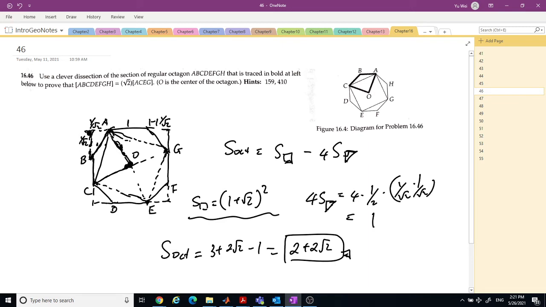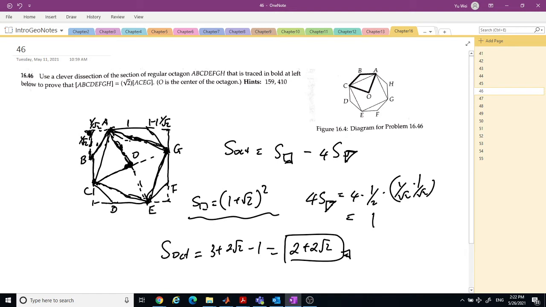We want to calculate the ACEG, right? So you can see if we calculate the ACEG, and here it's a square, then these are the 2 diagonals, right? So as long as we solve these 2 diagonals, we can solve it, right?